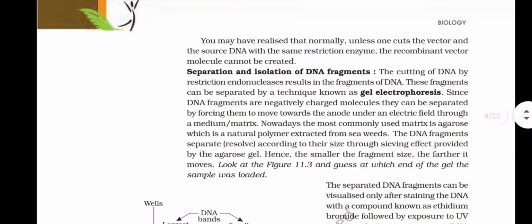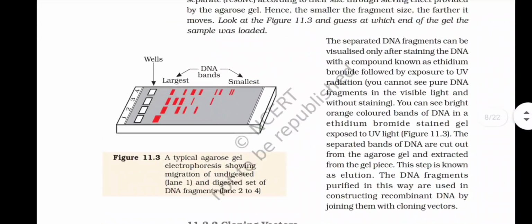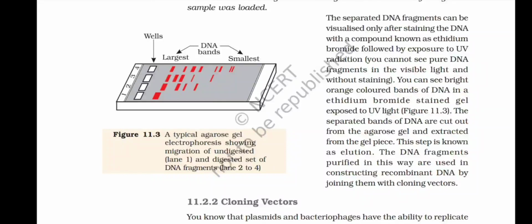Look at figure 11.3, a typical agarose gel electrophoresis showing migration of undigested and digested sets of DNA fragments, from lane 1, then lanes 2 to 4 respectively.